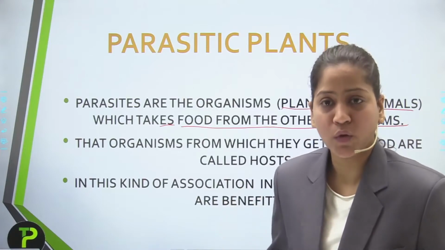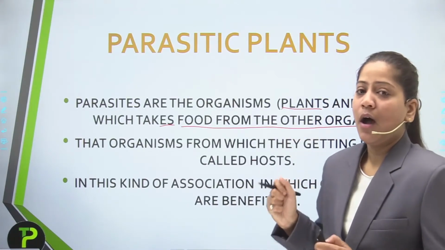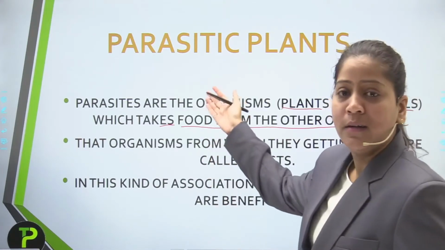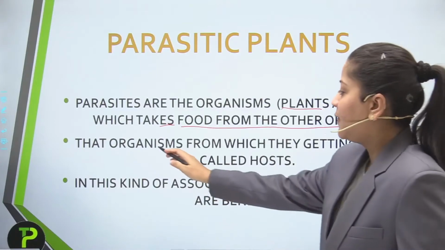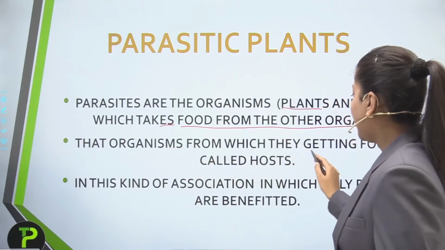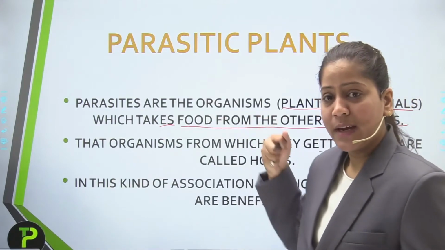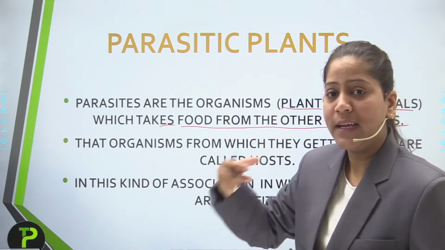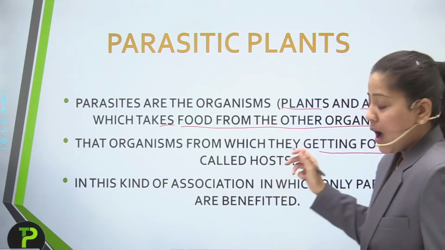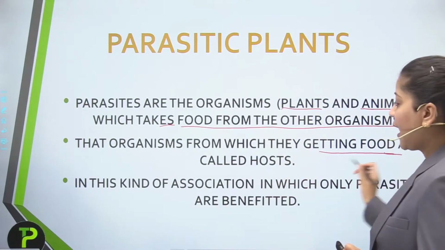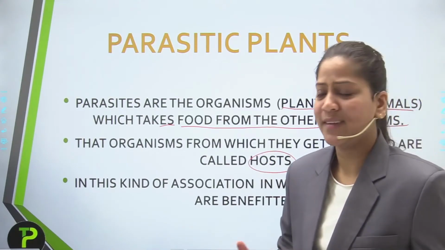Parasites are those organisms which take food from other animals or plants. The organism from which they are getting food, or which they are eating to get nutrients, is called the host. Who are hosts and who are parasites?